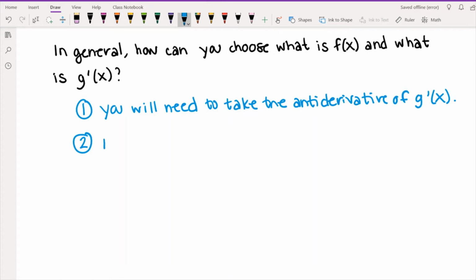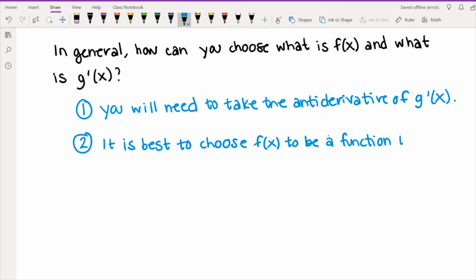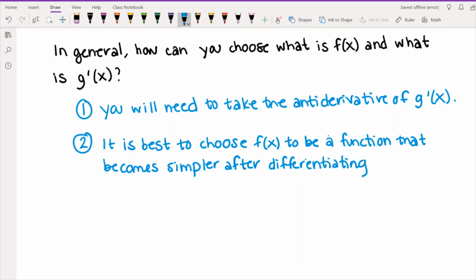So it is best to choose f of x to be a function that becomes simpler after differentiating. So something like x, right? X becomes way simpler when you take its derivative.